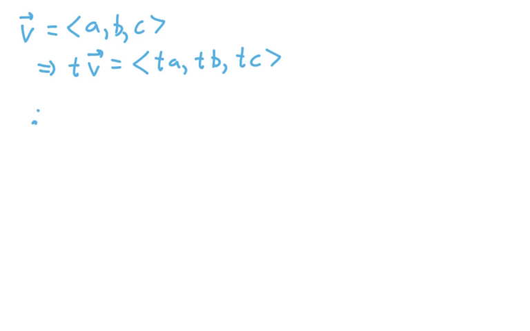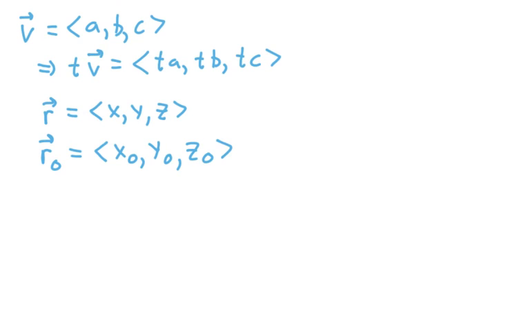Also r is the position vector (x, y, z), and r naught is (x naught, y naught, z naught).